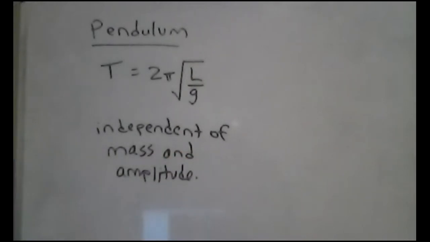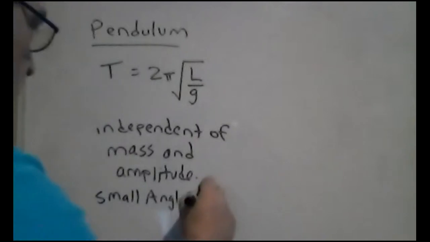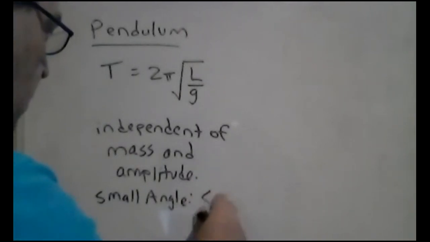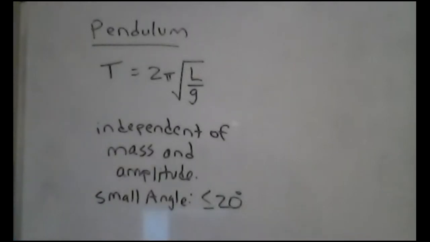What do we call small angle again? I never got back to that. Small angle, now I find it interesting that Dr. Edmonds considers it 30 degrees. Usually small angle is less than or equal to 20 degrees in my experience. What happens is when you get too big, then your theta cubed term starts waking up.